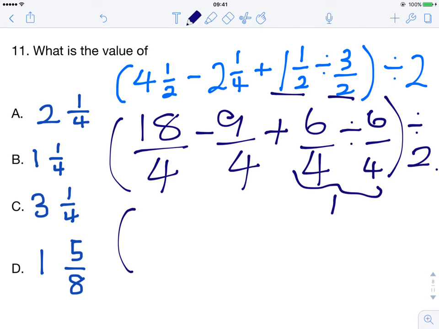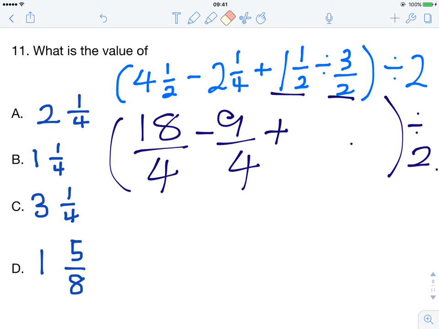So we can rewrite this again as 1, or what the equivalent would be, which is 4/4, because we want them to all be over the same denominator. Then we can do some subtraction. 18 subtract 9 is 9.